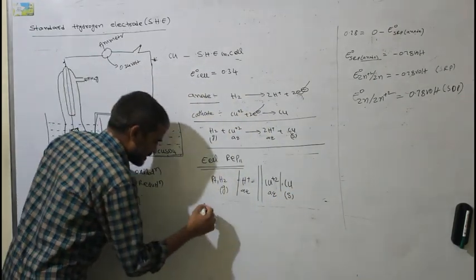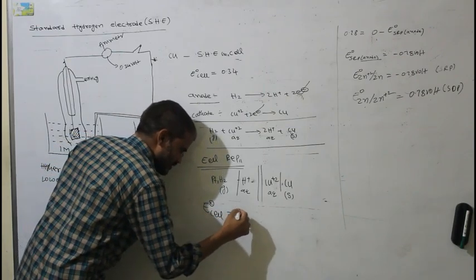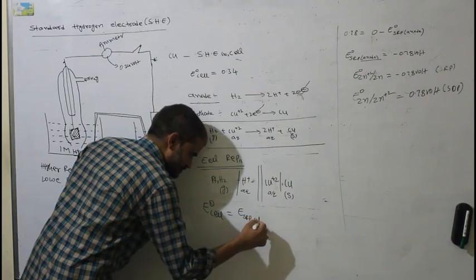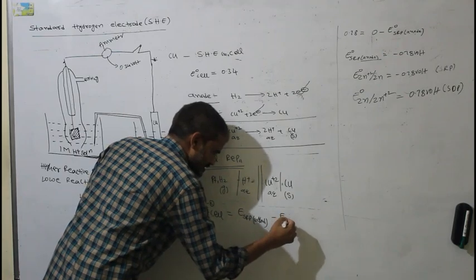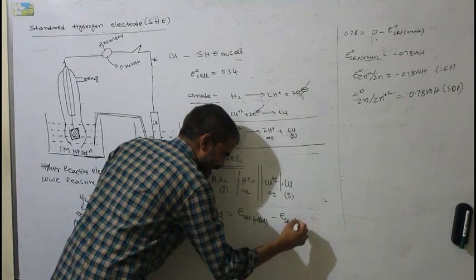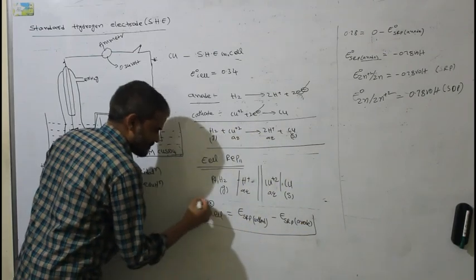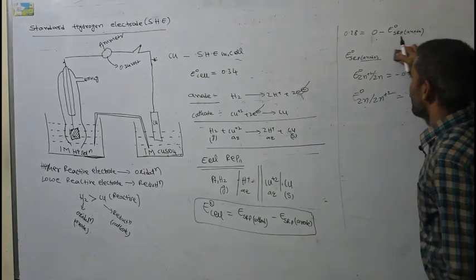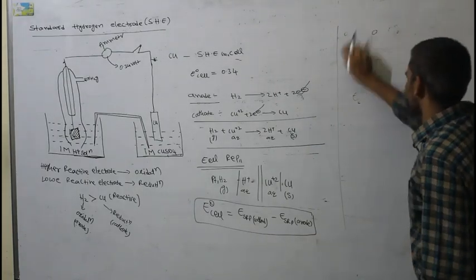Now we have to calculate the electrode potential. For that, E naught cell is equal to the standard reduction potential of the cathode minus the standard reduction potential of the anode. This is the formula. Here we have to find the standard reduction potential value.